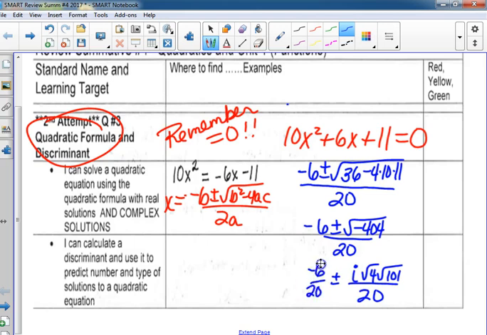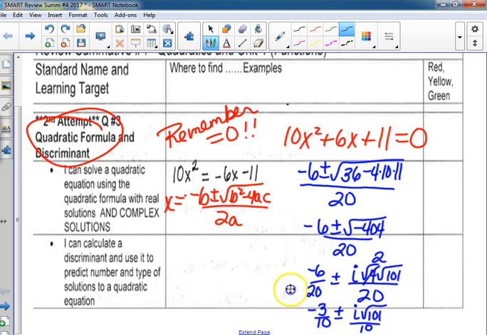This one will reduce to negative 3/10, yes? Plus or minus. This will be 2, which the 2 will go into the 20 once. So you have i square root of 101 over, whoops, I didn't write 101. i square root of 101 over 10.